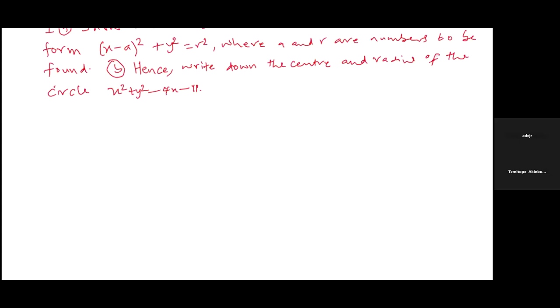So let's look at intersection of lines and circles.